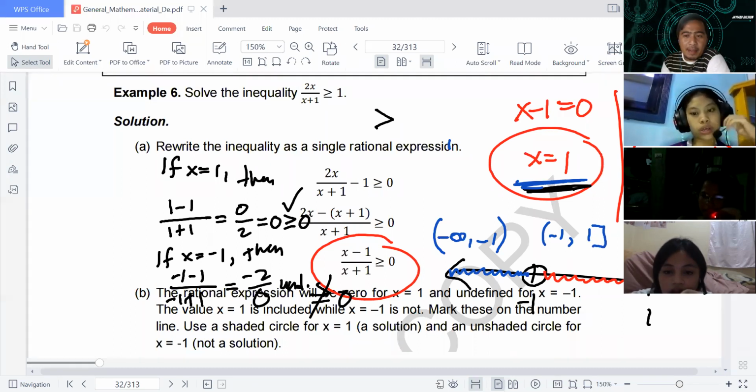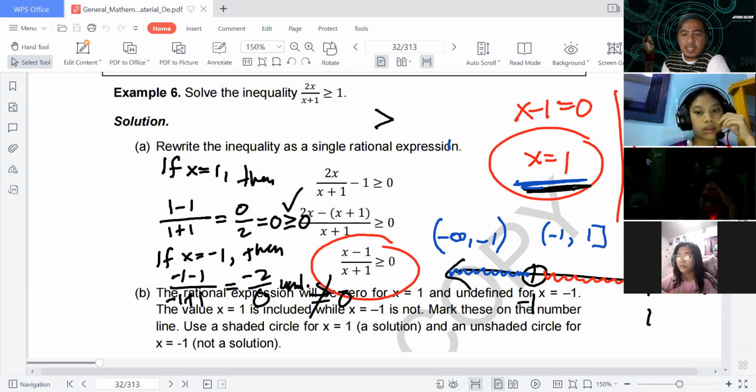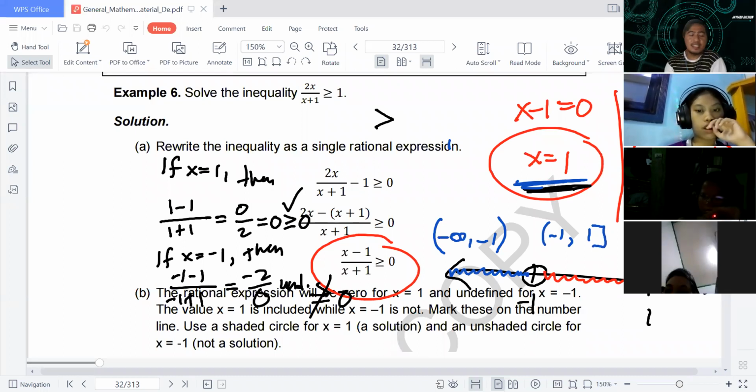Closed interval, from negative 1 to positive infinity? Half open, right? Half open, since the last end is open. Yes, half open. Clear?